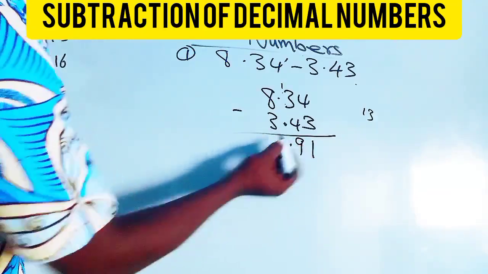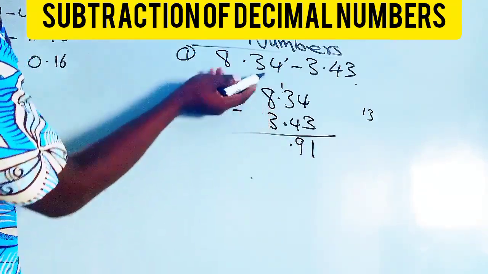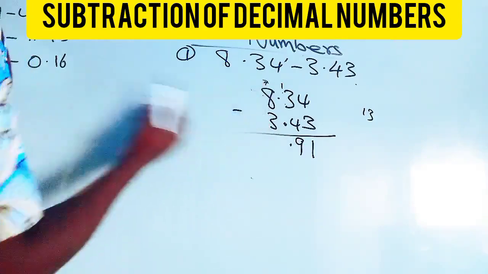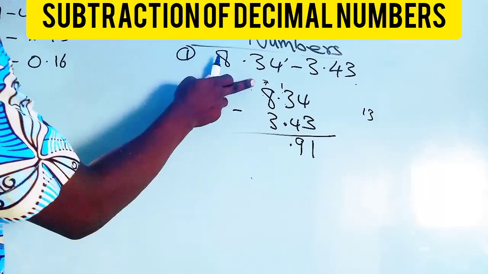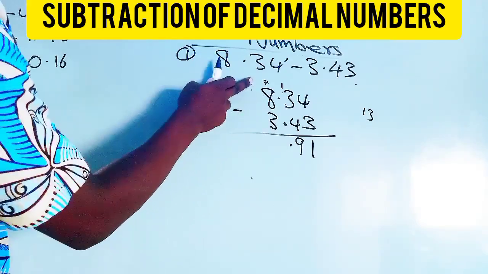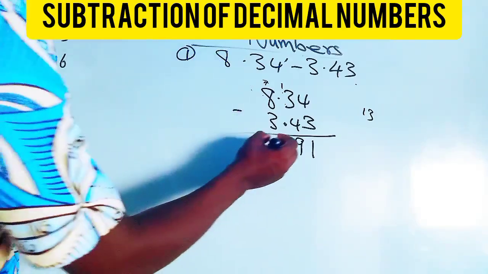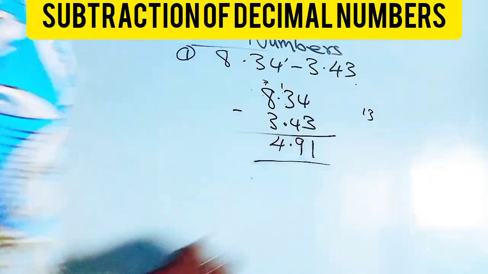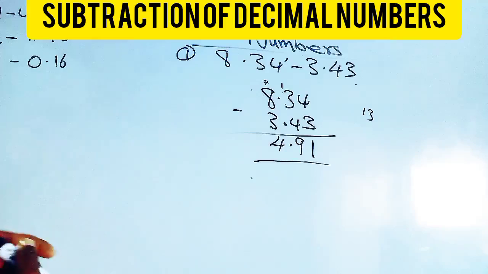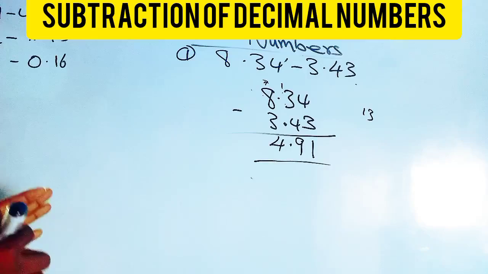You bring your decimal point. And over here, because we have borrowed 1, it is left with 7 instead of 8. So you are going to use this 7 to work with. So 7 minus 3. Your answer here will be 4. Therefore, 8.34 minus 3.43 is equal to 4.91.